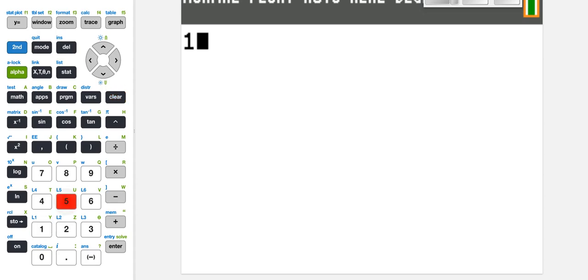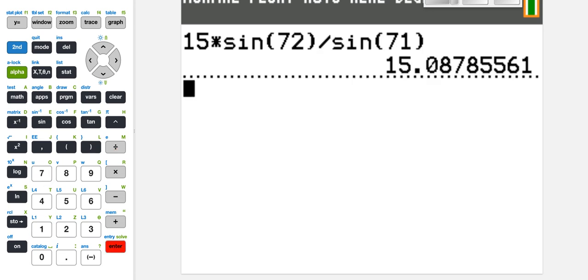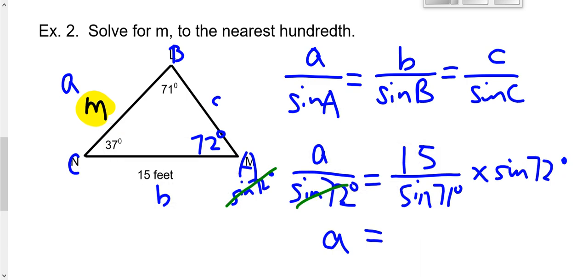Let's do this. 15 times, make sure you guys use bracket, sine 72 close bracket divided by sine 71 close bracket, enter. That gives you 15.087 blah blah blah, and we want to round to the nearest hundredths, so we keep 2 digits after the decimal point. So my answer is 15.09. Don't forget the unit, feet.